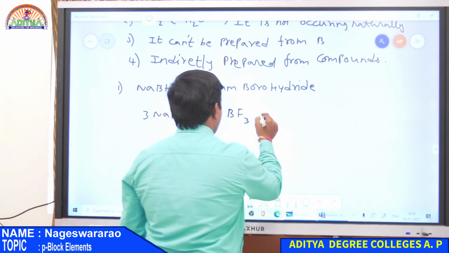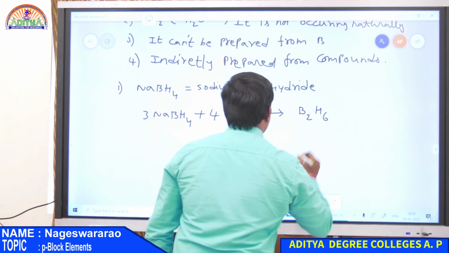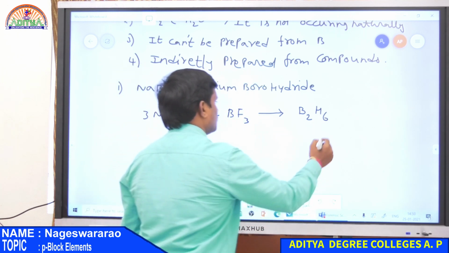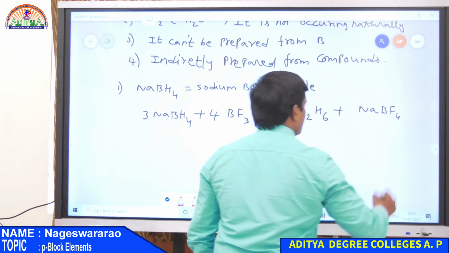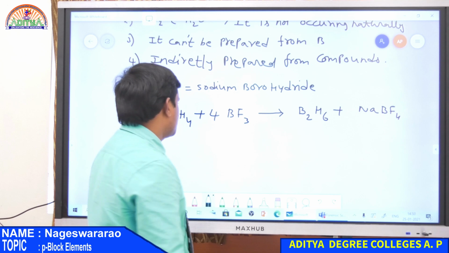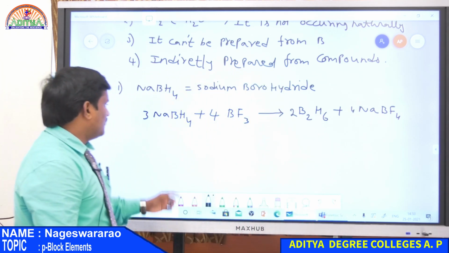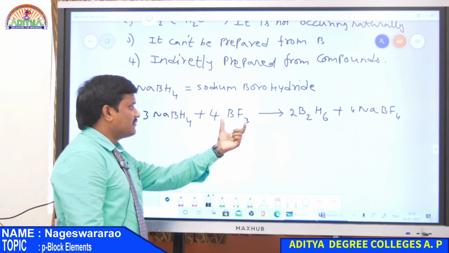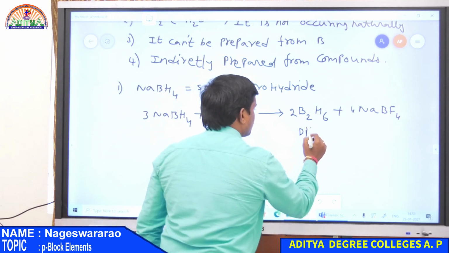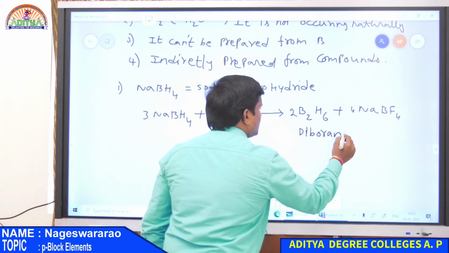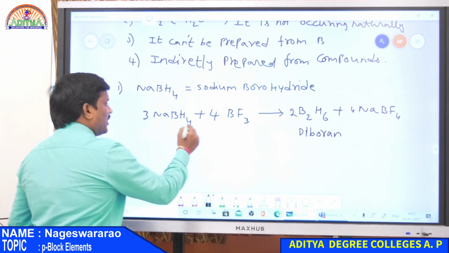It gives diborane, that is B2H6, and also NaBF4, sodium borofluoride. So here it is 4 moles and it is 2 moles. So whenever sodium borohydride is reacted with boron trifluoride, it gives diborane. So this is the first preparation method.